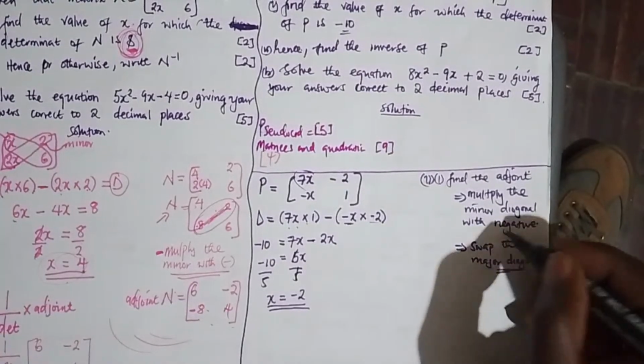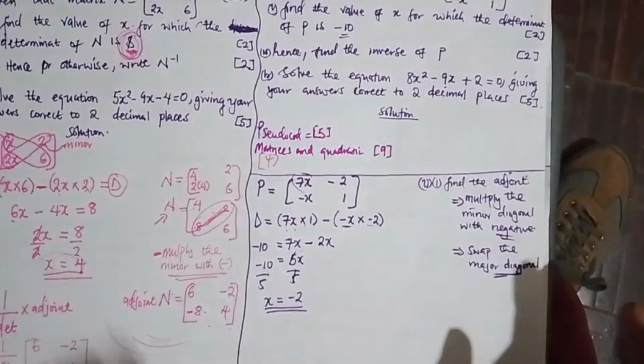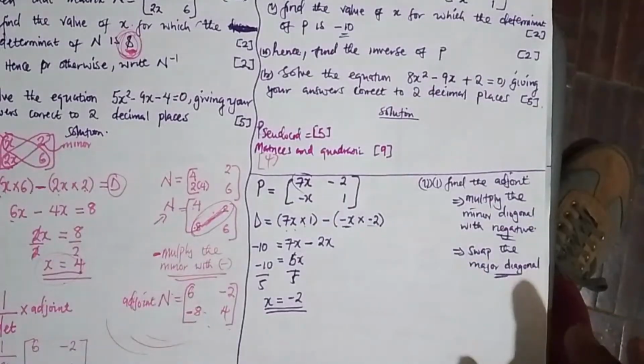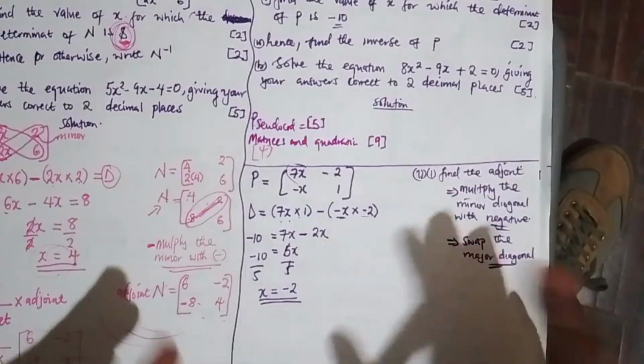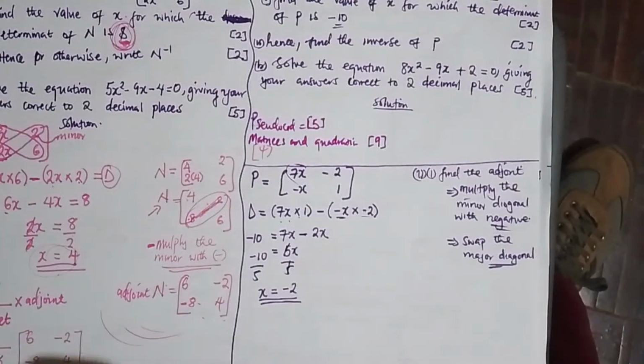So once you know these two things, you will never go wrong on finding the inverse of a matrix or finding the adjoint. Step 1, you need to swap the major diagonal. Step 2, you need to multiply the minor diagonal with a negative sign.